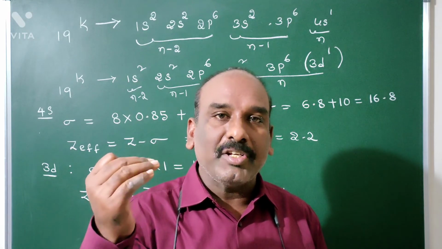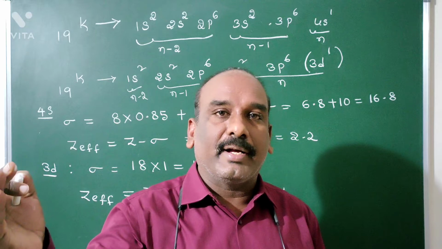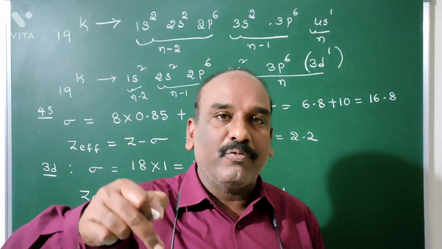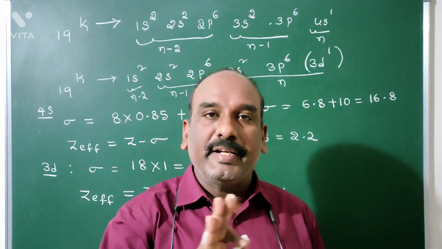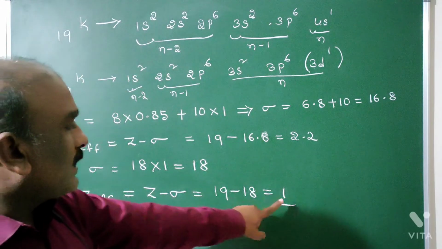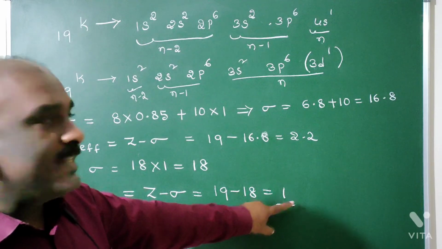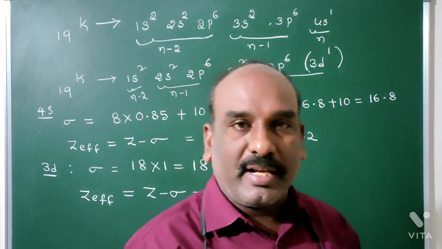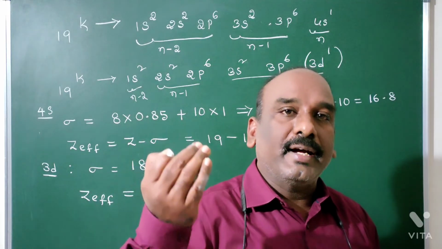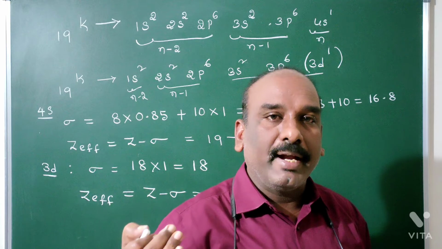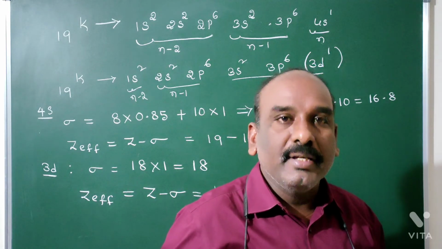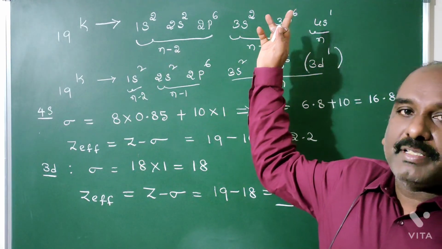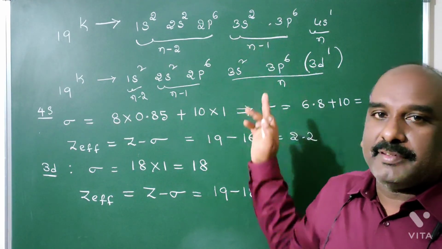Hence, in potassium, the differentiating electron, the new electron, is entered in the 4s subshell, not in the 3d subshell, because for the 3d subshell the effective nuclear charge is 1. It is less than for the 4s electron. Hence, the 3d electron is less tightly held by the nucleus. This is why the differentiating electron in potassium is entered in the 4s subshell rather than the 3d subshell.